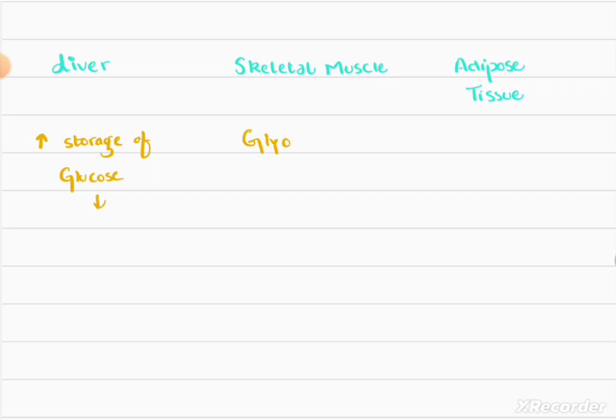So here, the glycogen is also synthesized, and it also causes an increase in the protein synthesis. Proteins are also synthesized in the muscles with the help of insulin.